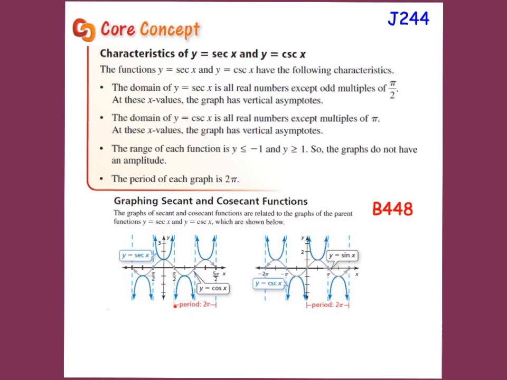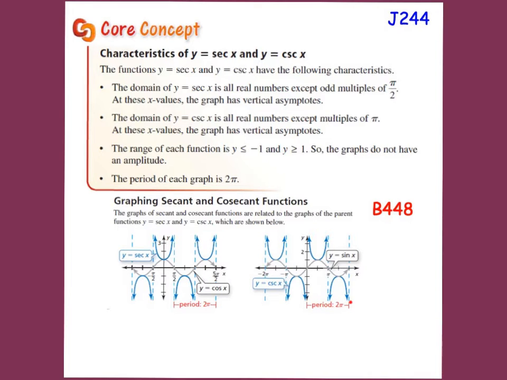You can see that the period is 2 pi because you have to have an upside down and a right side up, or opening up, kind of cup in the function to create the entire secant function. Similarly, for the cosecant function, we are going to first graph its reciprocal function, which is the sine function, and we'll have our asymptotes where sine is 0.